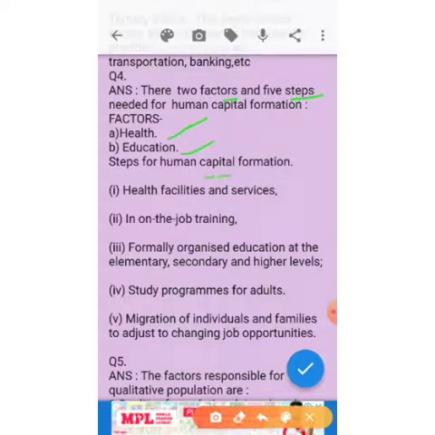Steps for human capital formation are: first, health facilities and services; second, on the job training; third, formally organized education at the elementary, secondary and higher levels; fourth, study programs for adults; fifth, migration of individuals and families to adjust to the changing job opportunities.